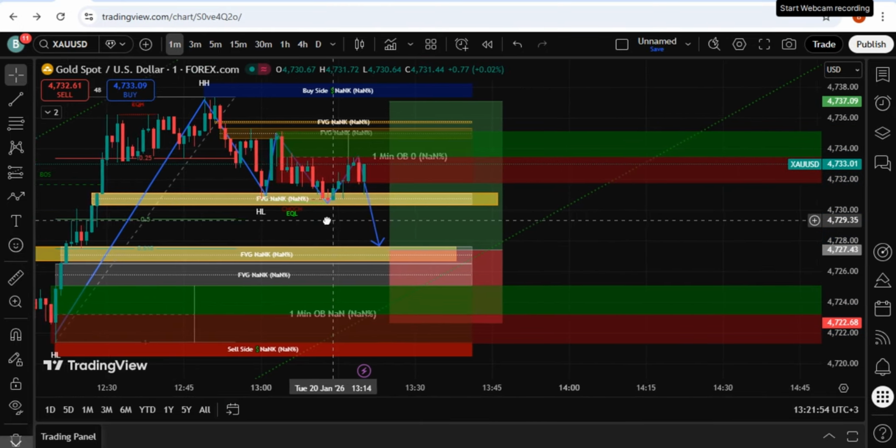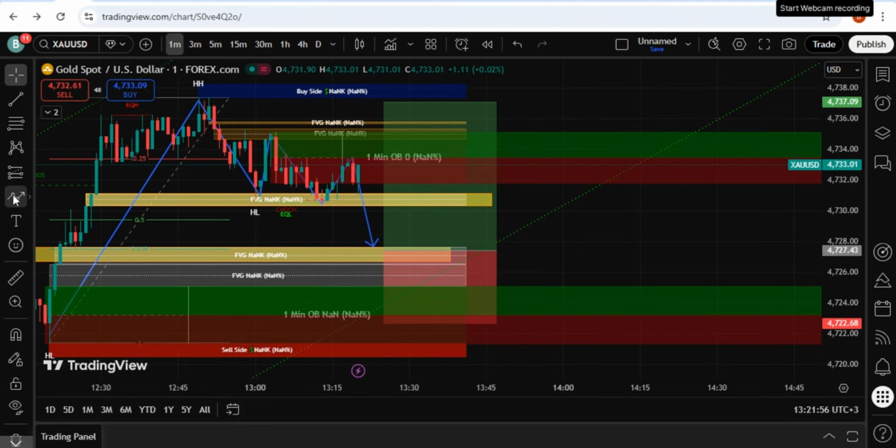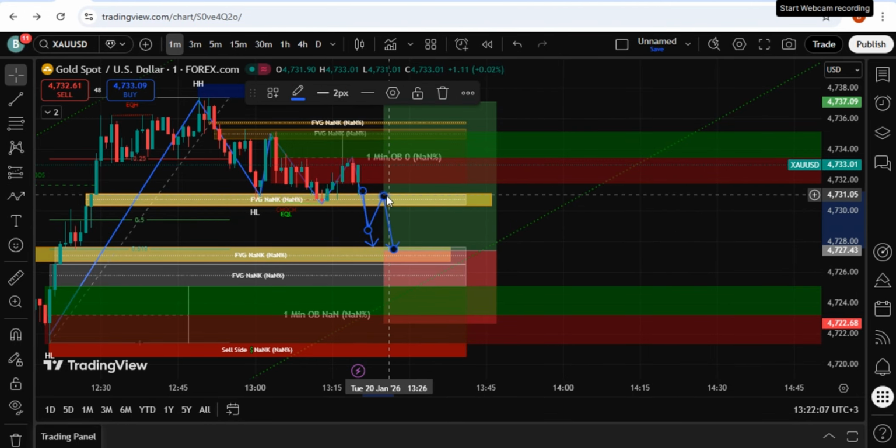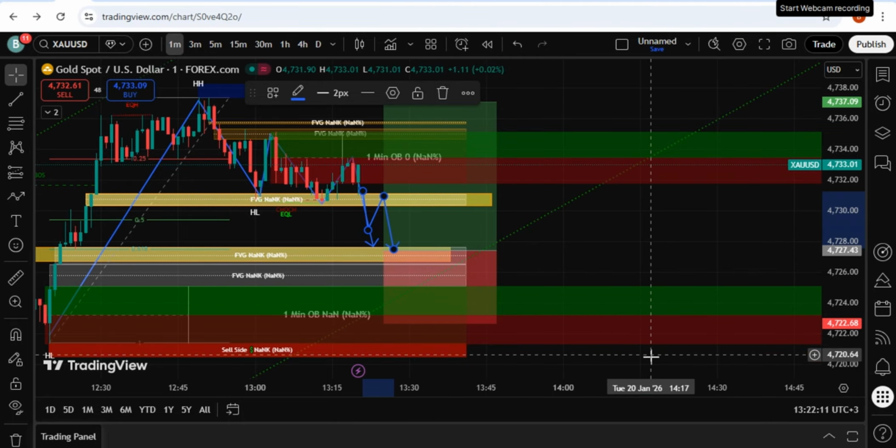Immediately it does that, you can wait for it to cross and then wait for a retest in that FVG, and after that retest your sells will be here. That's what you have to consider.